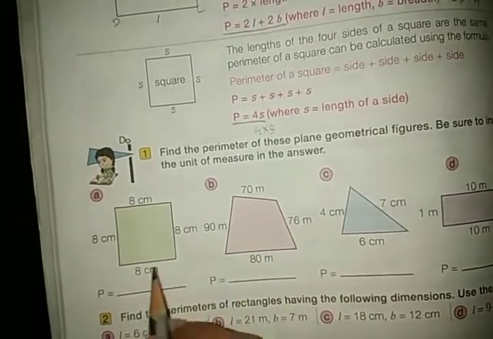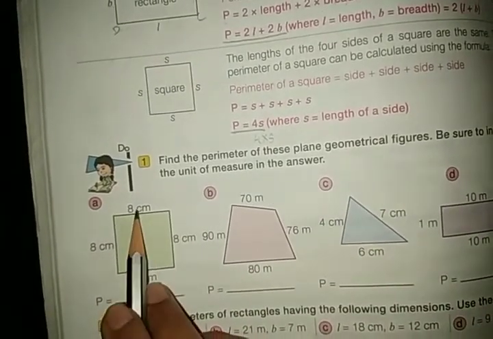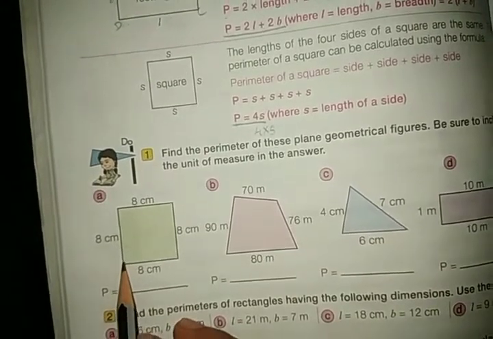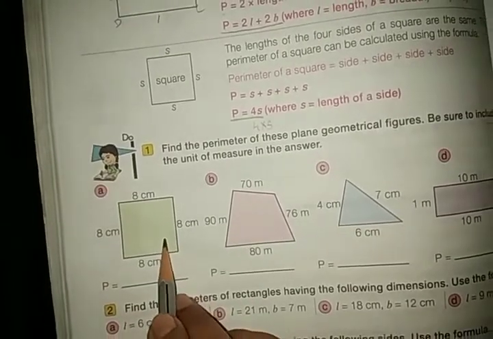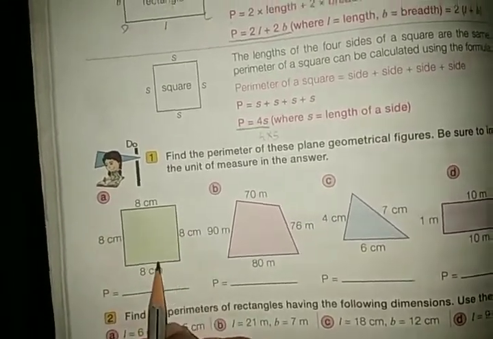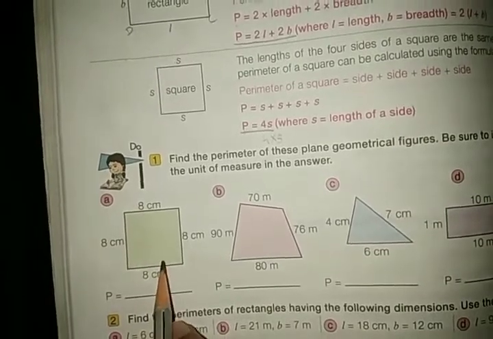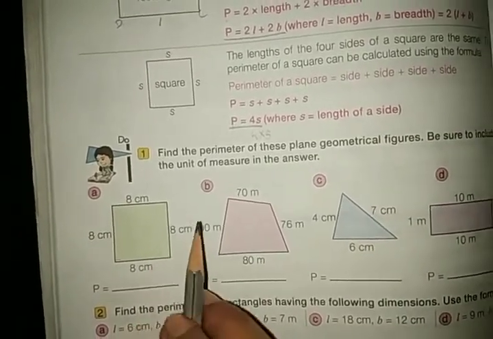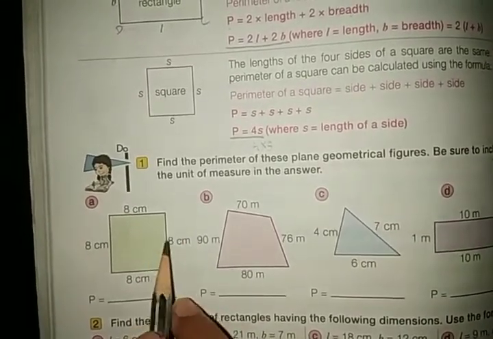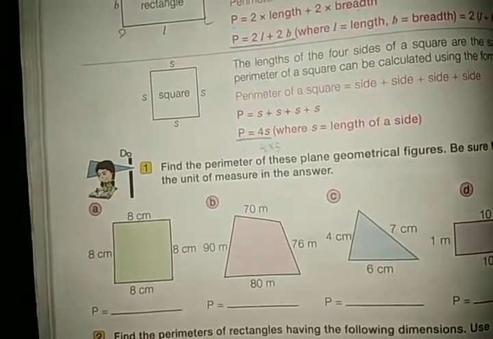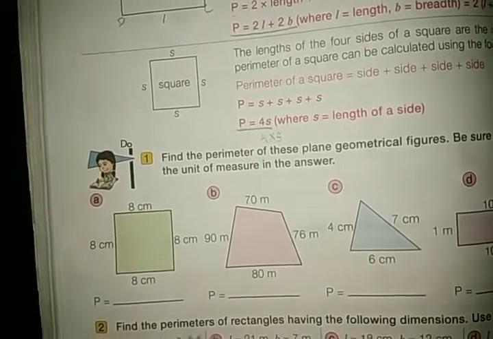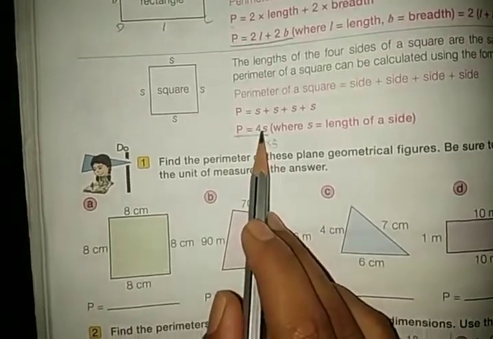Yes. Now children, this is 8 centimeter. This length is 8 centimeter. And this is 8 and this is also 8. Can you tell me children which figure it is? It is a square. Yes, and to find out perimeter of square, what is the formula? Perimeter of square is equal to 4 into S. Yes, this formula you have to use here.